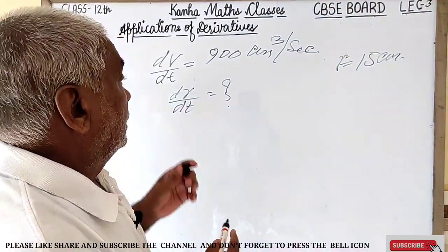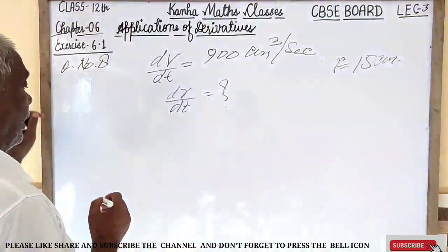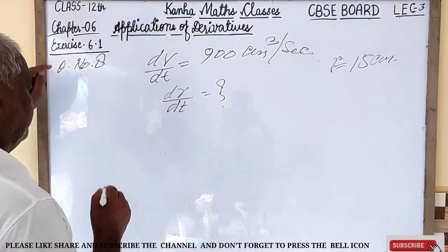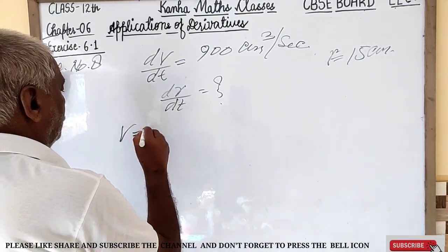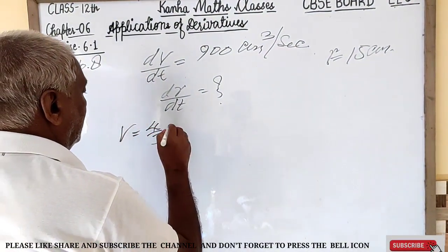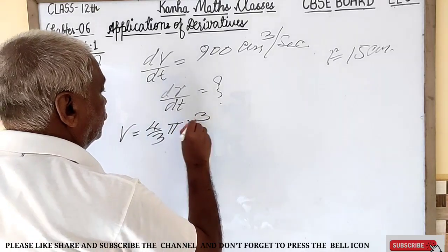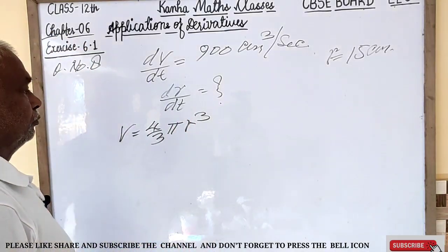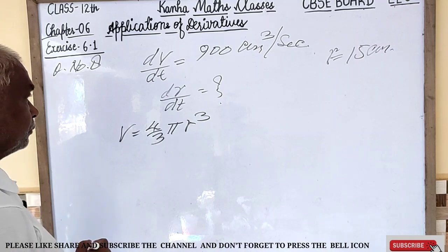Hence we already know the volume of a spherical balloon, V is equal to 4/3 pi r cube. This is the volume of a spherical balloon.